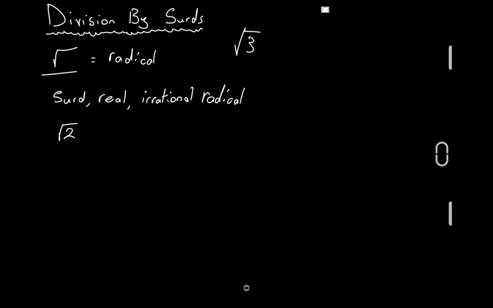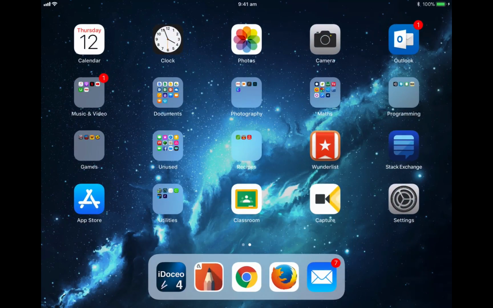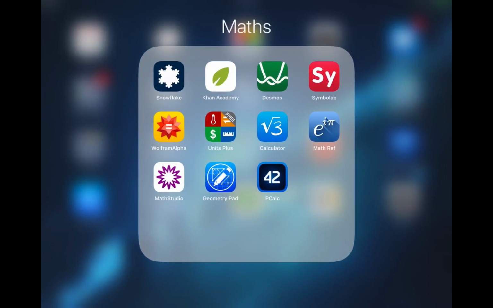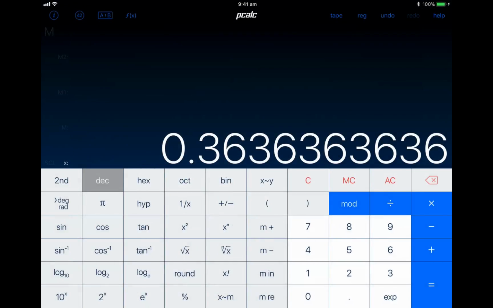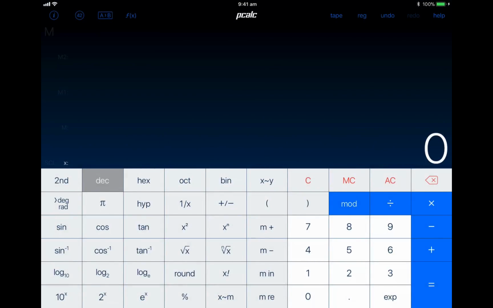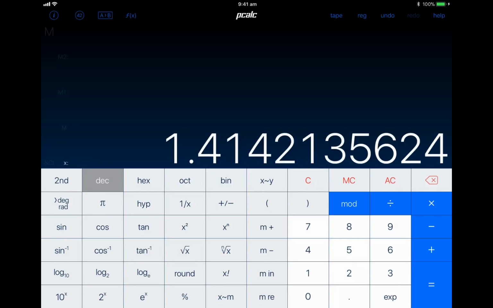So let's just give that a quick try. If I go into my calculator here and type in 2 square root, it's 1.41, etc. There is no pattern to make it a recurring or terminating decimal. It's one of those numbers that just goes on forever, hence why we call it irrational.